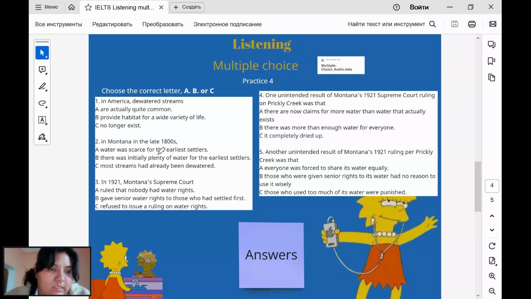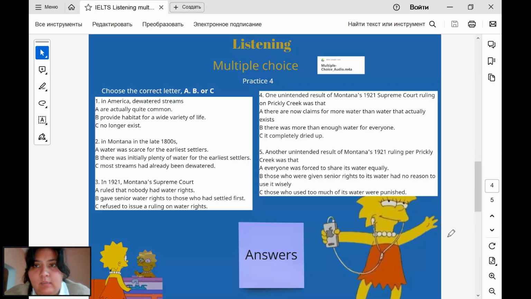Water was scarce. In Montana, in the late 1880s, the water was scarce. Sorry, my dyslexia is playing weird games with me today. Scarce for the earliest settlers. Let's see what scarce means. Scarce means that there was not enough of that.